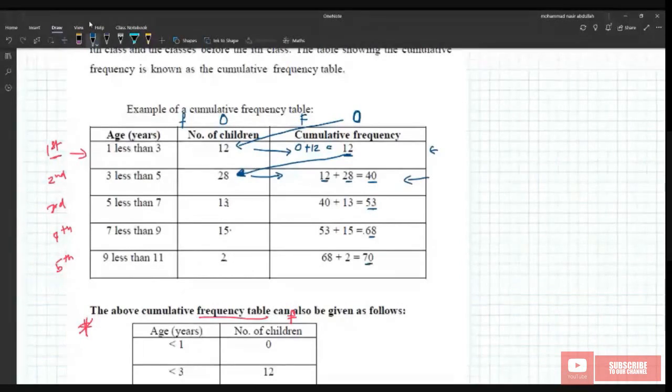And the cumulative frequency value of the last class is equal to the total frequency. Right? So this is what we call a cumulative frequency. Are you okay with this one?